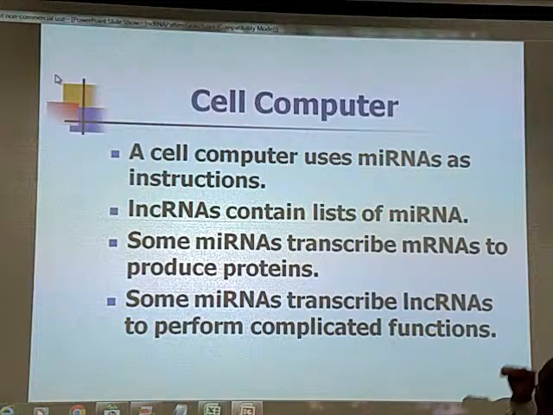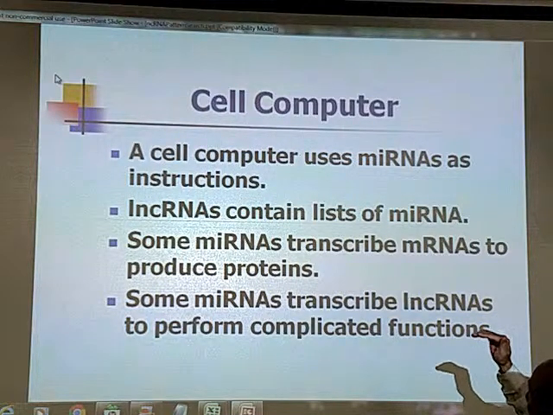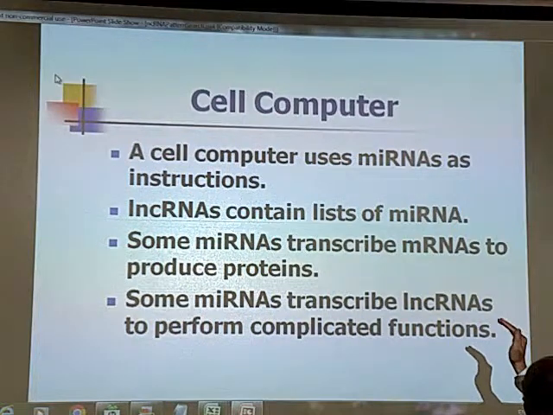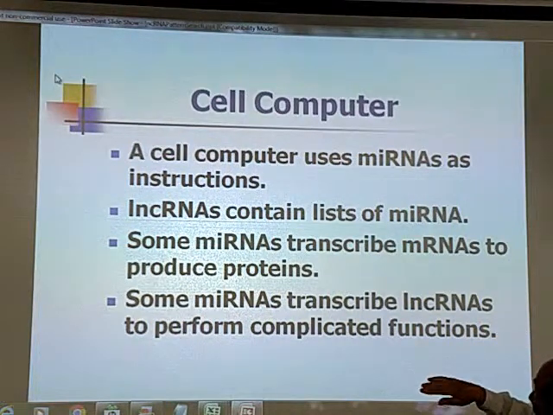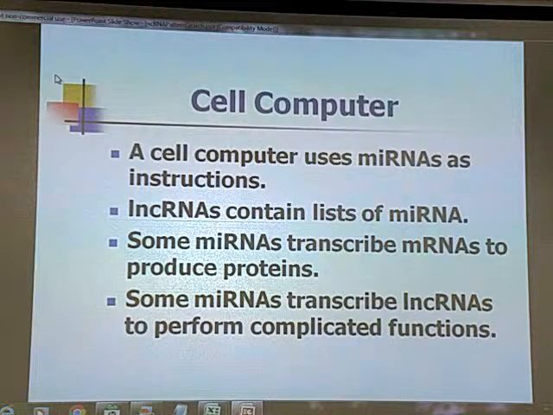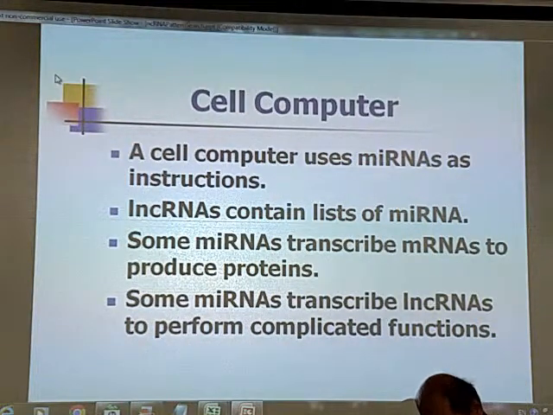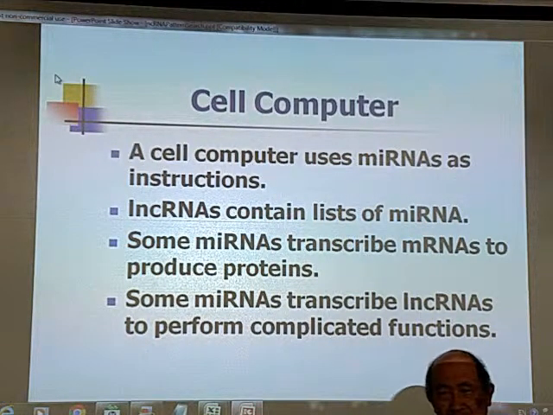So the basic instructions are in the microRNA, but microRNAs are formed through long non-coding RNA. So long non-coding RNA contains lists of microRNA. Some microRNA we know transcribe into messenger RNA and produce protein, and these are the primitive instructions in Forth.